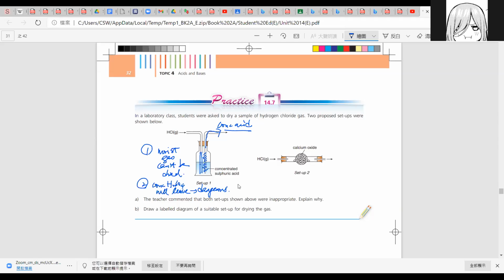How about the second case? What should be corrected? If I insist on drying a sample of HCl with it, is it a good choice? There will be a chemical reaction. Yeah, there is a chemical reaction. Calcium oxide reacts with HCl to form what?